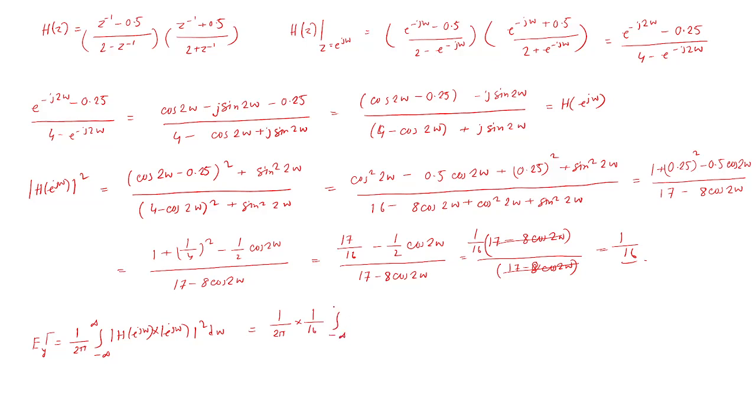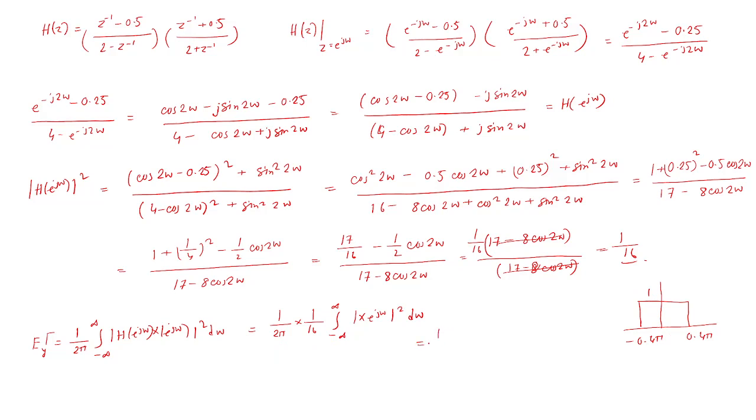So what is really left to calculate is the energy of the input signal, which now let me draw, the spectrum of X(e^(j omega)) here, which spans from minus 0.4 pi to 0.4 pi, a rectangular function, rectangular window you can say.